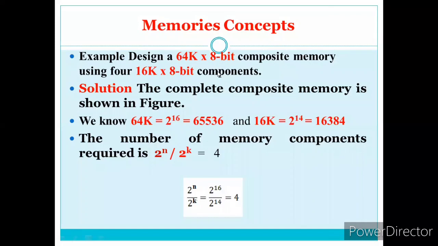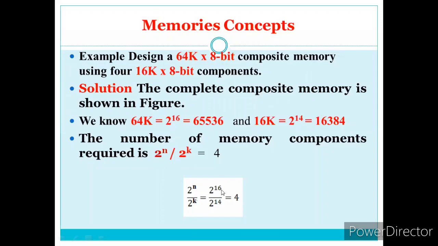The question itself already gives why 4. If you divide 64 by 16, we get 4 components, because 16 plus 16 is 32, 32 plus 16 is 48, 48 plus 16 is 64k. So we need 4 composite memory components, which we already showed here.